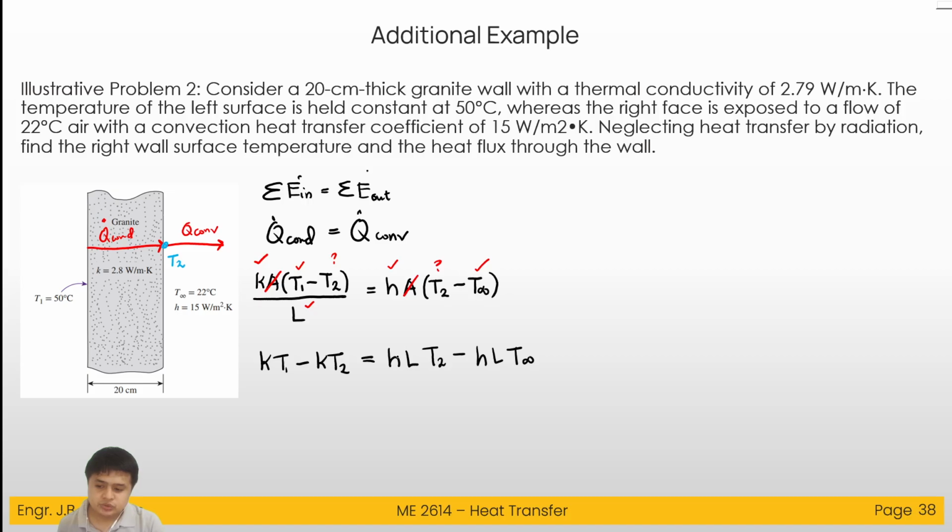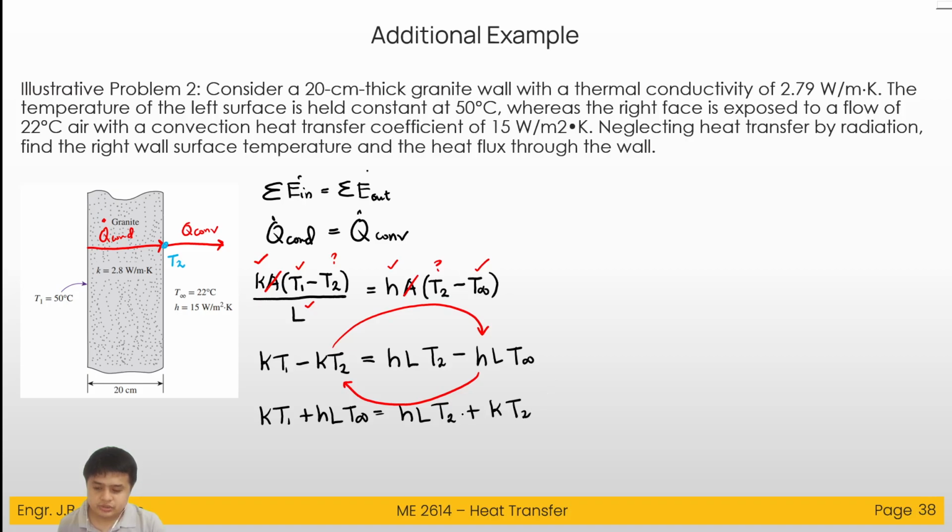Okay. So we're trying to solve for T2, so we have to segregate T2 from this equation. So we can transfer this to the other side, this one to the other side. So transposition will change the sign. So this will be positive hL T infinity. And there should be positive k T2.